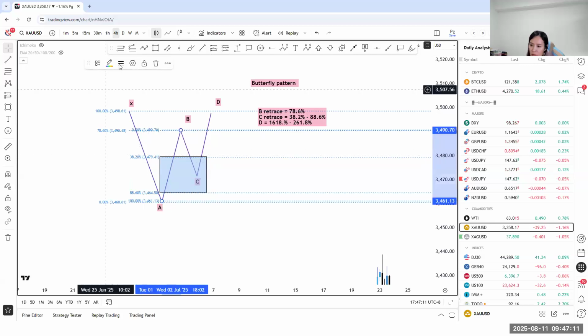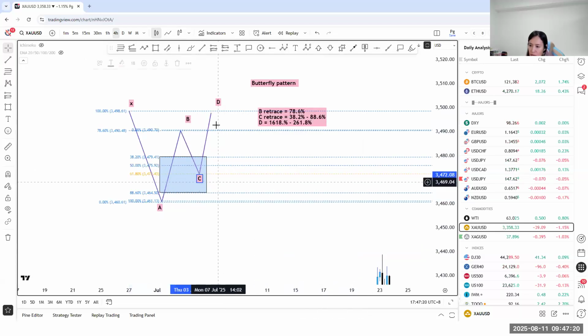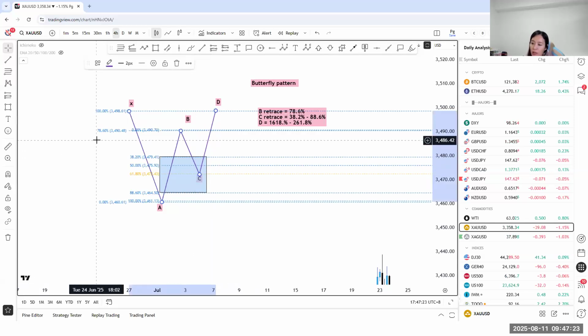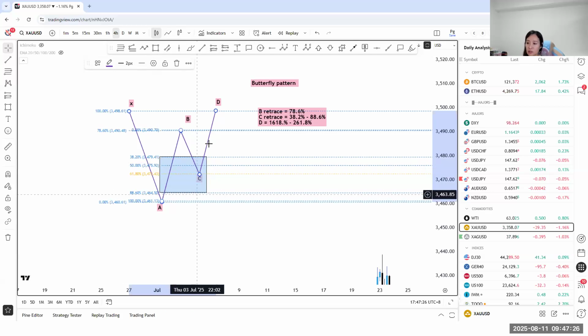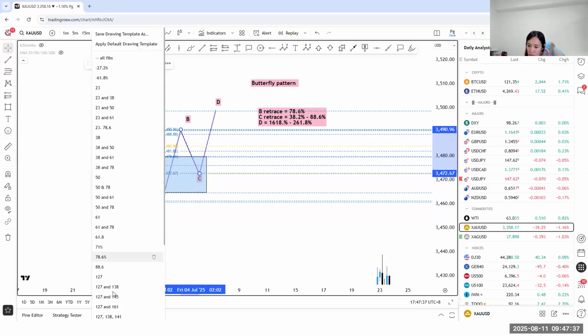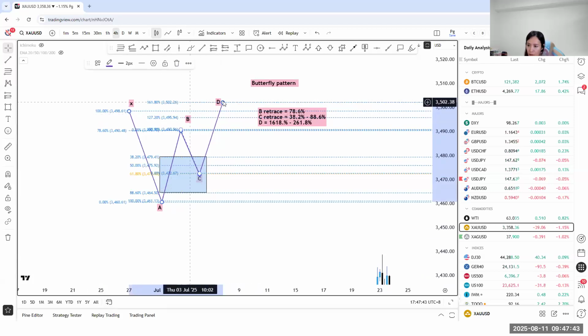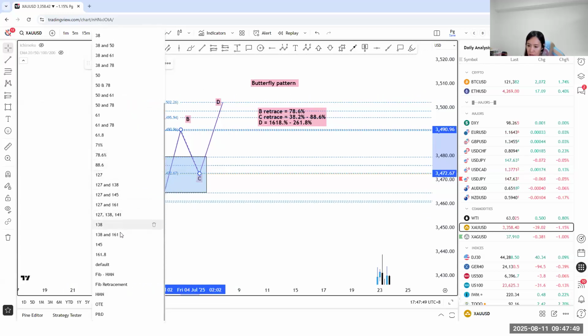Now let's say I add in 61.8 or 50% somewhere here. So if it retraces somewhere around this box, the D point will be the extension. It's going to be the BC extension. I'll put 127 here, or it could go all the way up to 261.